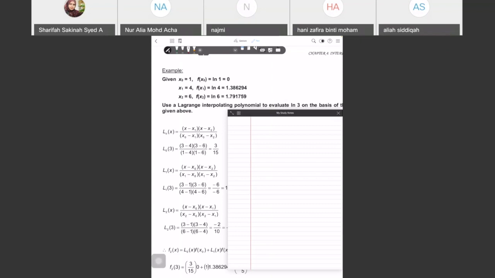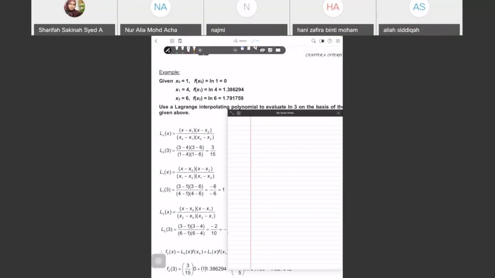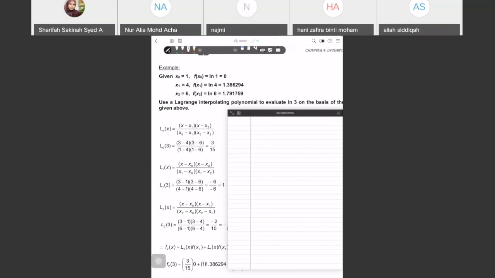In this case, we have 3 data points. So if we have 3 data points, we can do second order Lagrange. In Lagrange also we have first order, second order, third order, until n orders. So now we want to use the second order Lagrange polynomial.